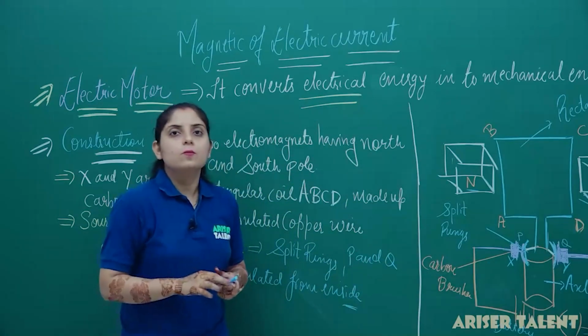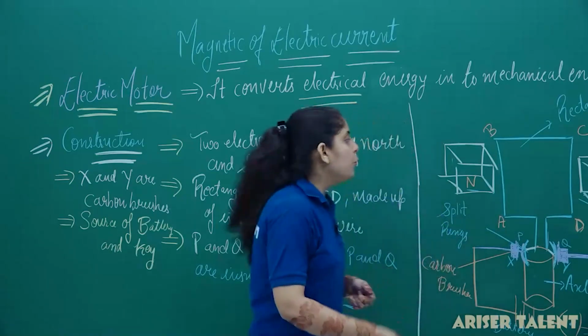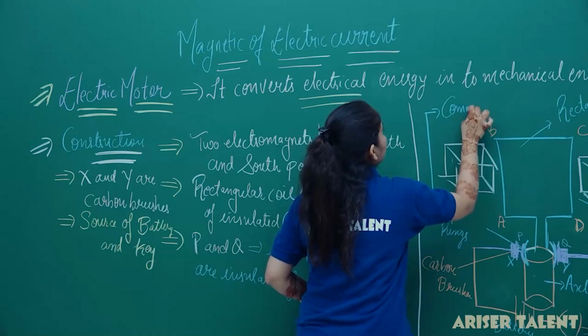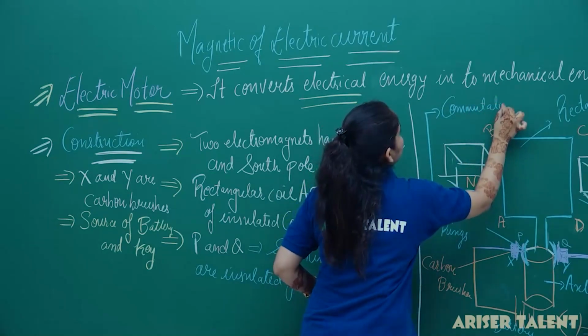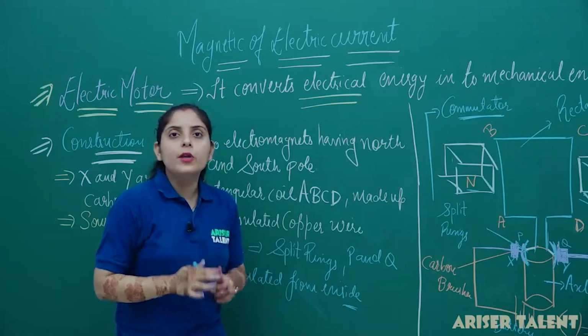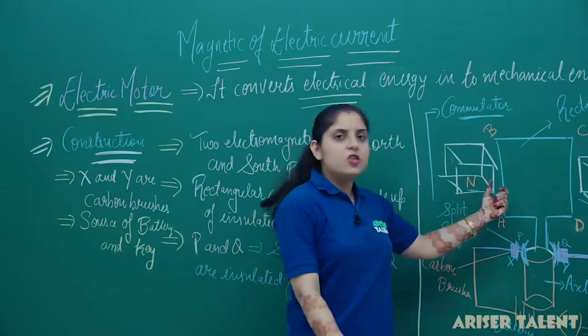Now, split rings are sometimes also known as commutator. So another term we came across is the commutator. These are also known as commutator because it is going to reverse the direction of the current in each cycle of the rotation of this coil.